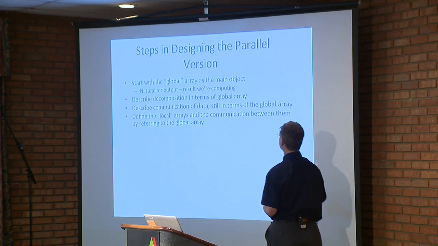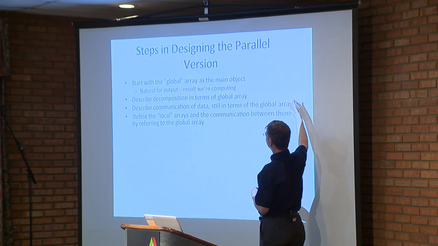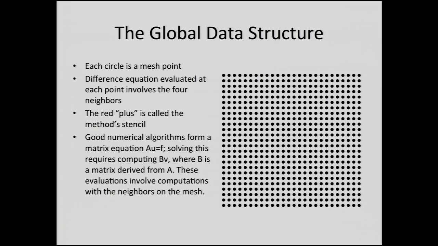For things like this, I find that it's often easier to start with the serial, the non-parallel version, and cut it up. So we're going to define the decomposition in terms of this global array and the communication, and then we're going to have the local arrays, which are going to be the pieces that are held on each process. So we've got this global data structure. These are all the mesh points.